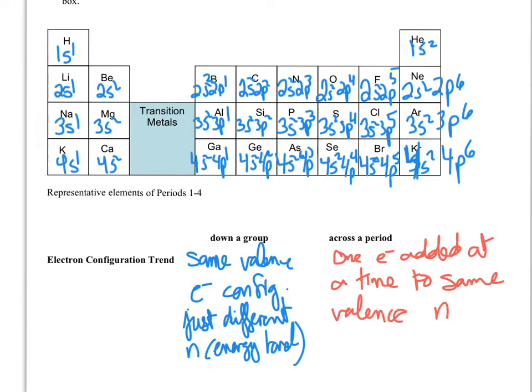Again, I'm going to use N. You can write energy level, or you can write N. Now, we already knew that from the last chapter, but this is pretty important because the way the valence electron configurations are determines a lot of other trends. So let's take a look at the next page.